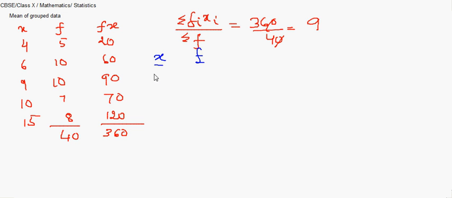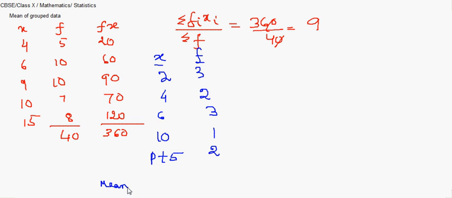So x is 2, 4, 6, 10, and p plus 5, and f stands at 3, 2, 3, 1 and 2. The information says the mean of this data is 6. We have to find the value of this p.